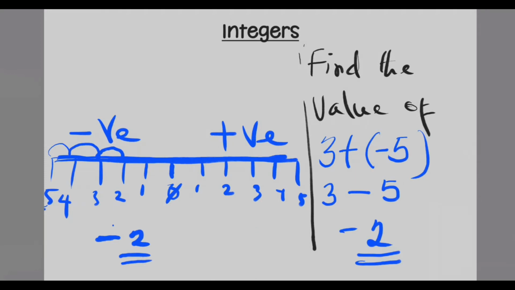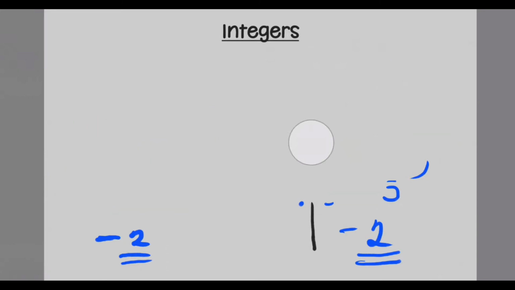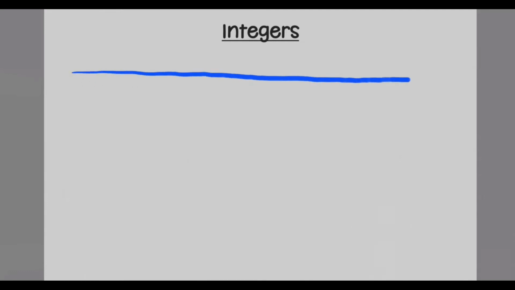Let's do another example. This time around, I'm going to take all this off. I'm going to draw a long line here. I'm going to put my 0 here. I'm going to have 1, 2, 3, 4, 5.